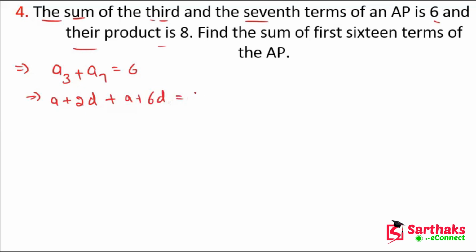Now we have 6. If we solve it, 2 times A plus 8 times D equals 6, we get A plus 4D equals 3, taking the 2 as common. This is our first equation.